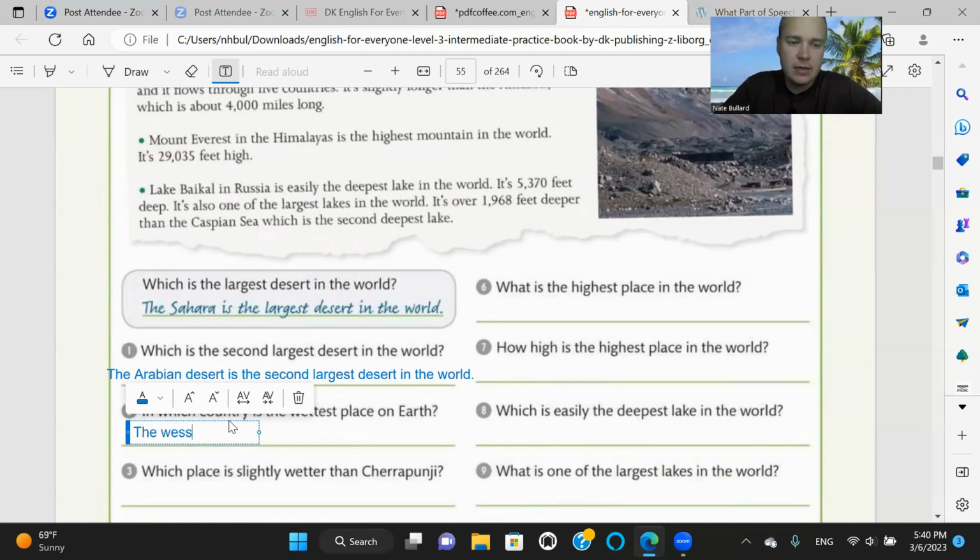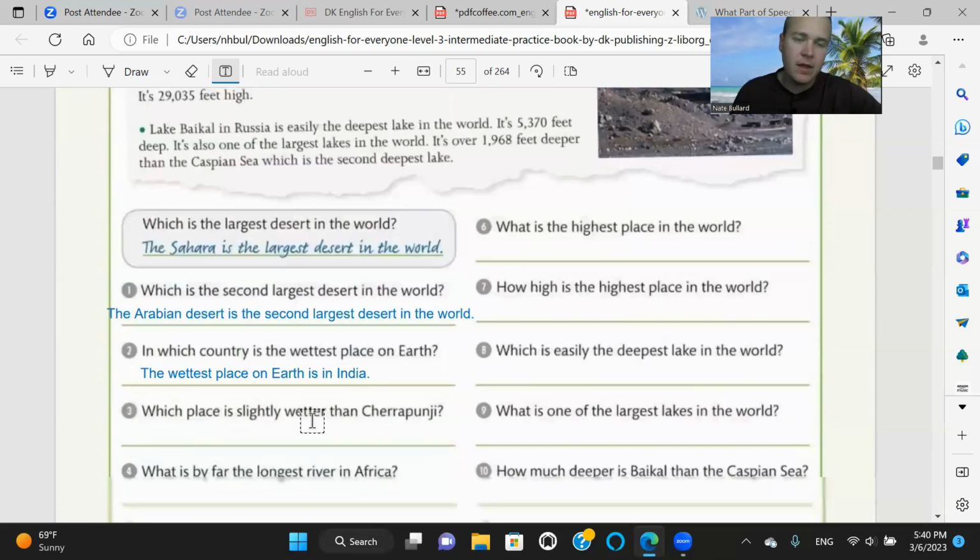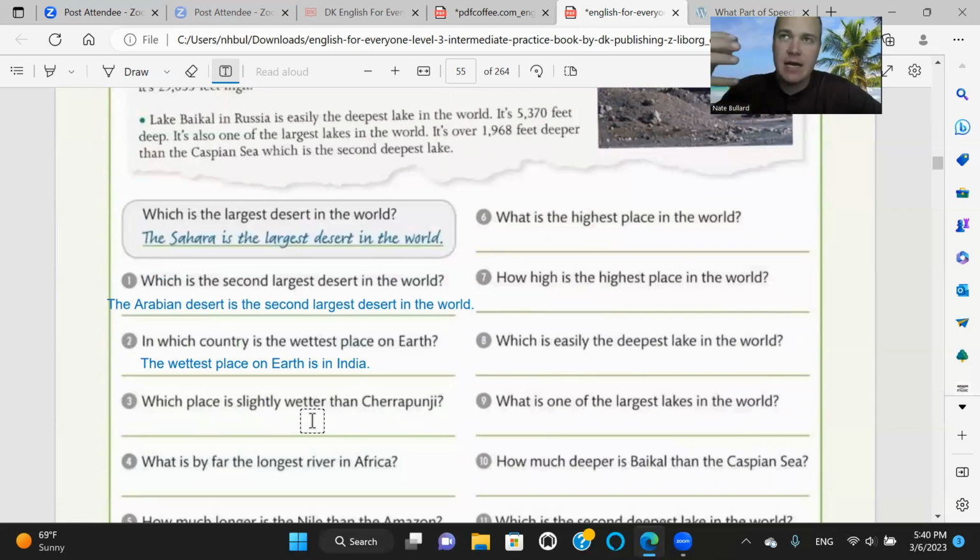The wettest place on Earth is in India. El lugar más, no sé cómo se dice, húmedo en la planeta está en la India, o el lugar donde se llueve más en el mundo está en la India, algo así.